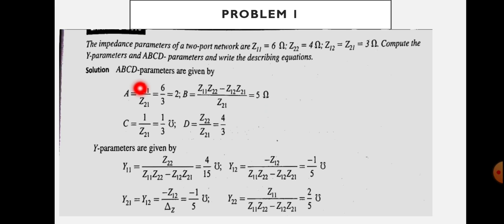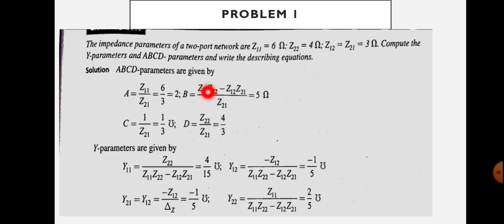So A will be equal to Z11 by Z21. So you can substitute Z11 value, which is 6, and Z21 value is 3. So you will get that value. B will be equal to delta Z divided by Z21. Delta Z is equal to the determinant of Z11, Z12, Z21 and Z22, divided by Z21.